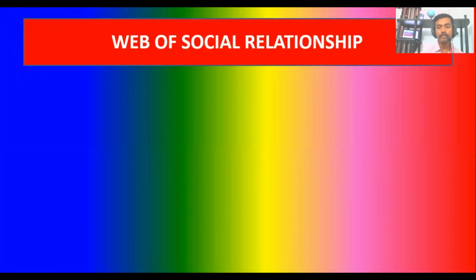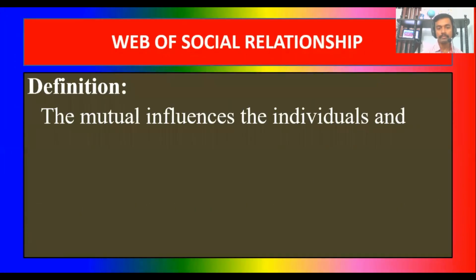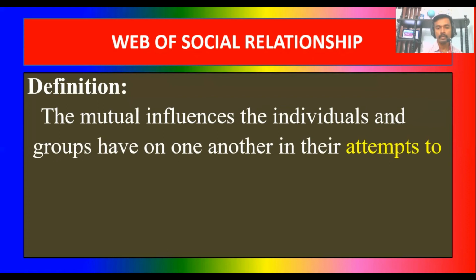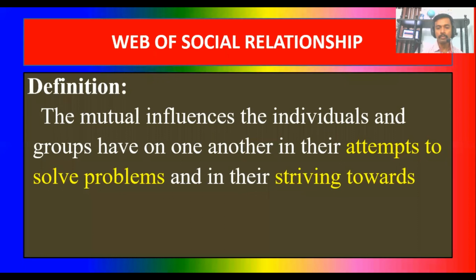Then web of social relationship. What do you think about social relationship? Mutual influence the individuals and groups have on one another in their attempt to solve problems and in their striving towards goals.